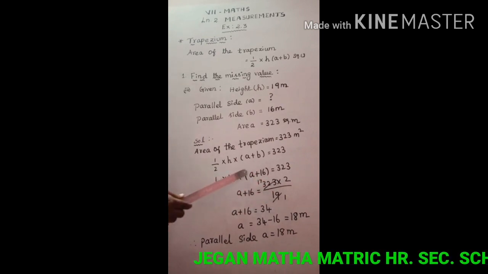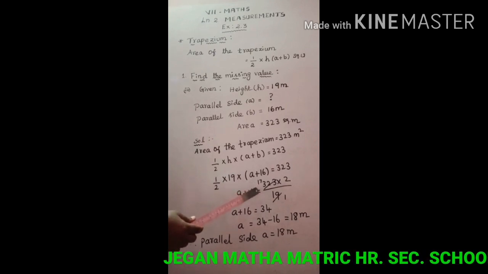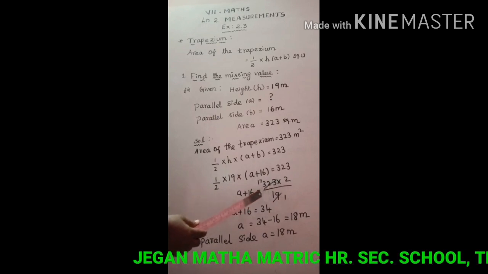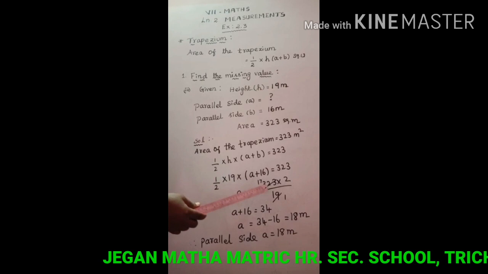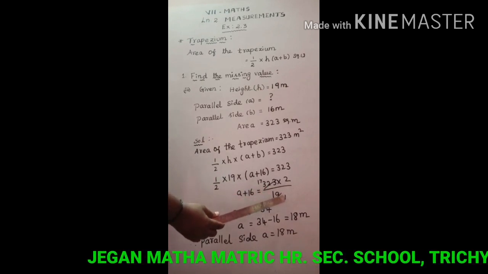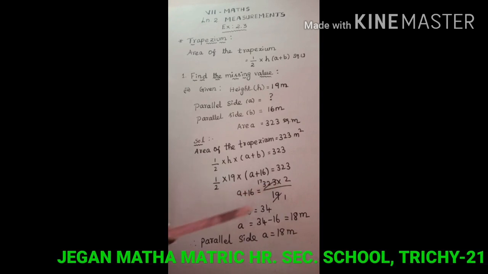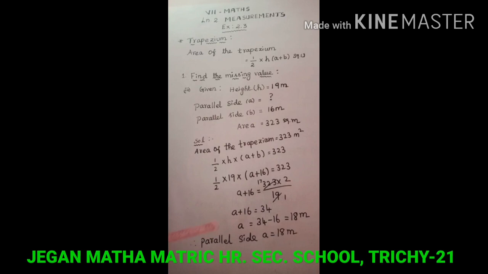So we have on the left hand side A plus 16 is equal to 323 multiply with 2 divided by 19. Here simplify in the 19 table. 1 19s are 19, 17 19s are 323. So 17 2s are 34.